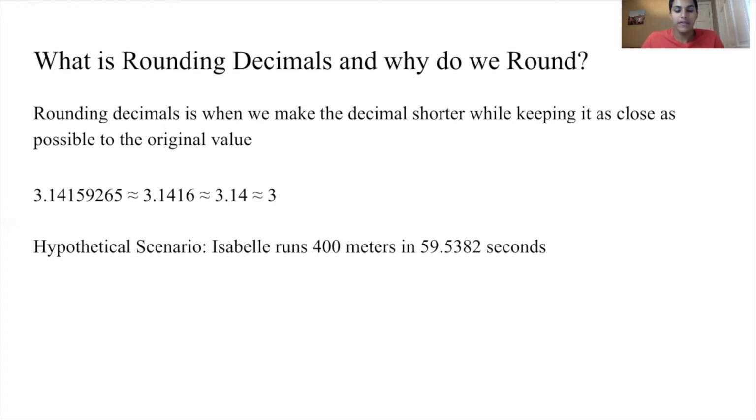So instead of saying 59.5382 seconds, she might just say 59.5 seconds. Or she might just say about a minute. And then she's rounded it, but it's a lot shorter of an answer. That's a lot easier to comprehend.